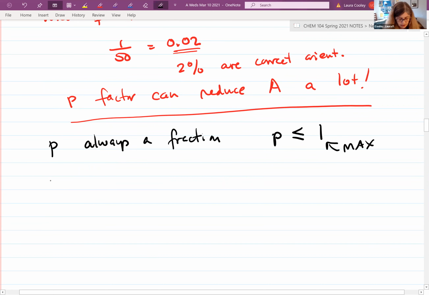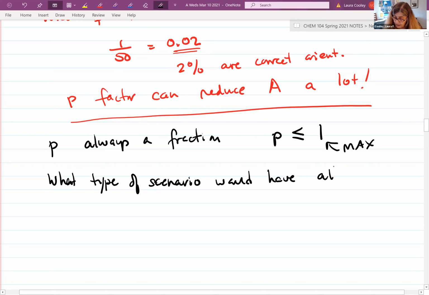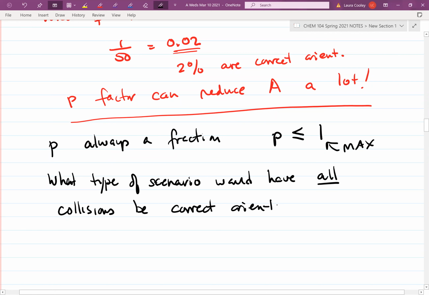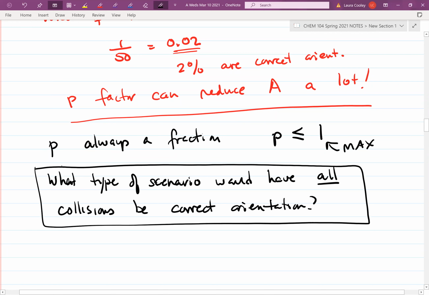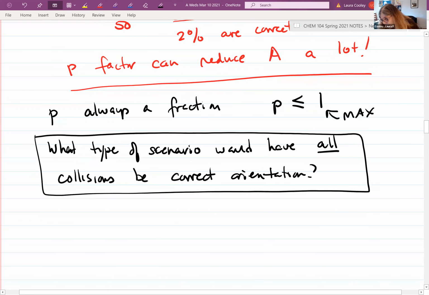So what type of scenario would have all collisions be the correct orientation? So when would that P equal 1?